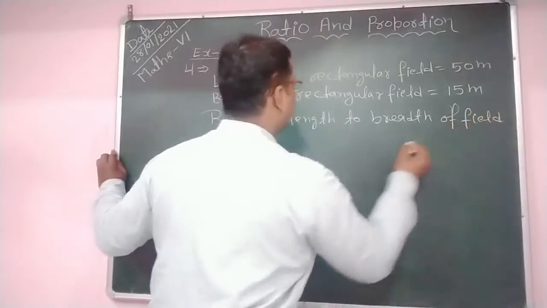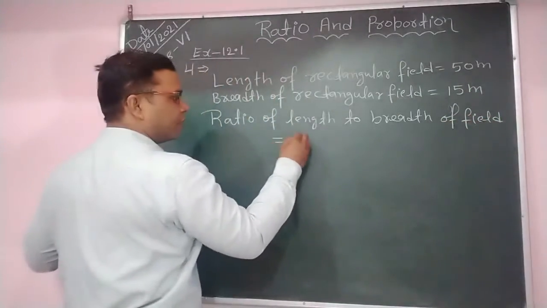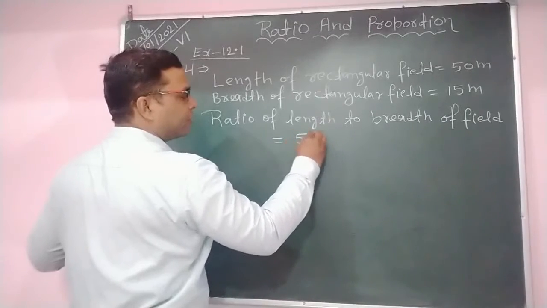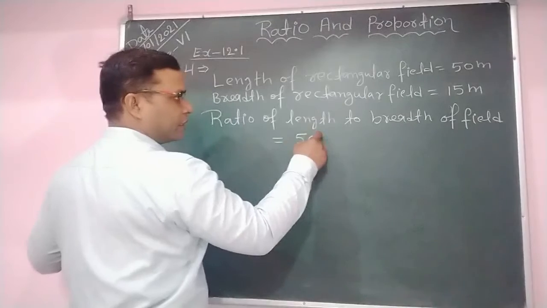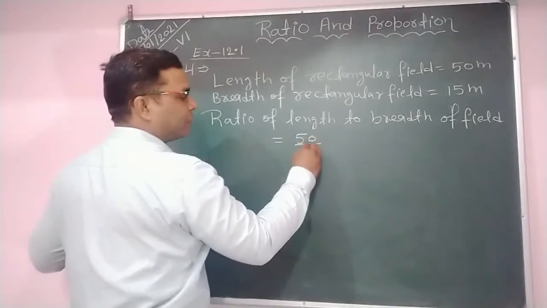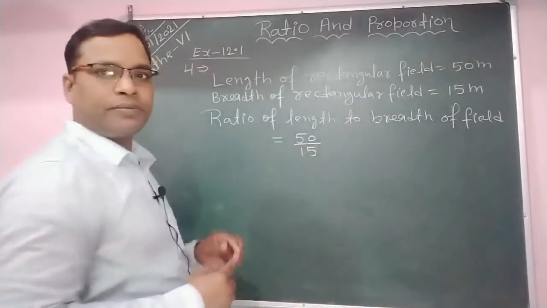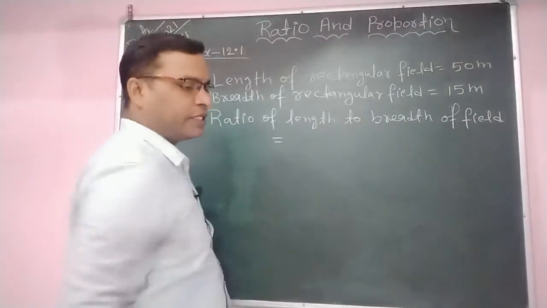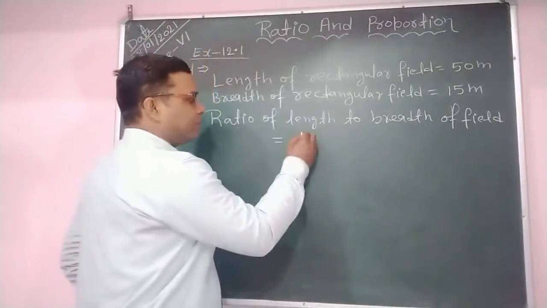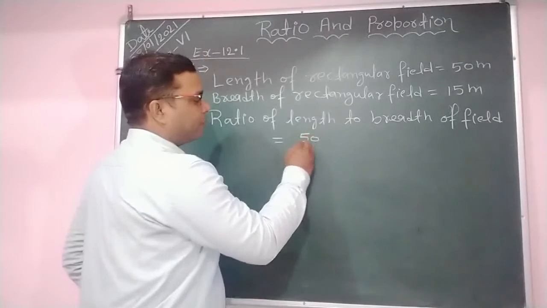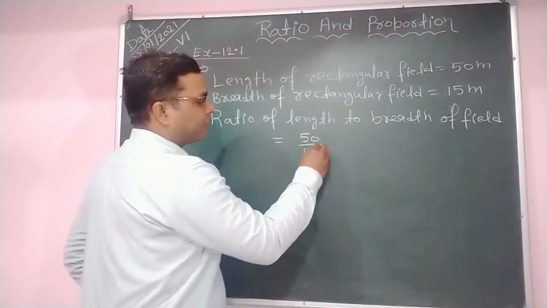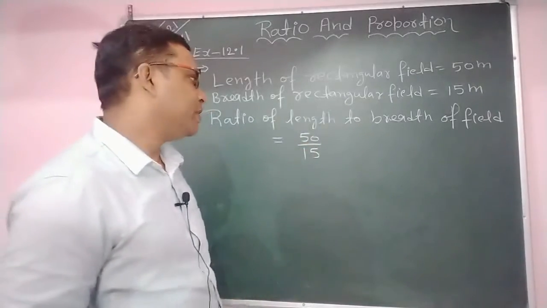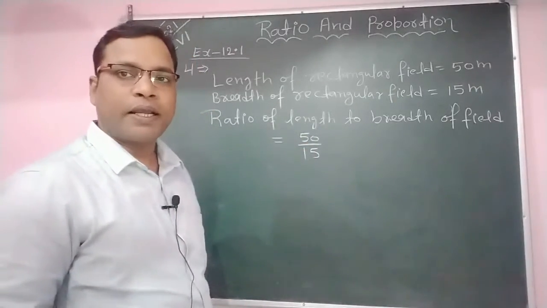This is equal to 50 meters, the length of the rectangular field, and 15, the breadth of the rectangular field. This is clear. You can again write 50 by 15. Okay. 50 is the length of the rectangular field and 15 is the breadth.